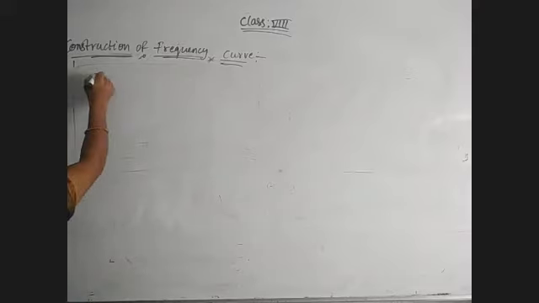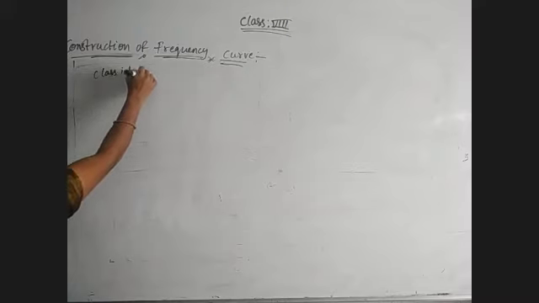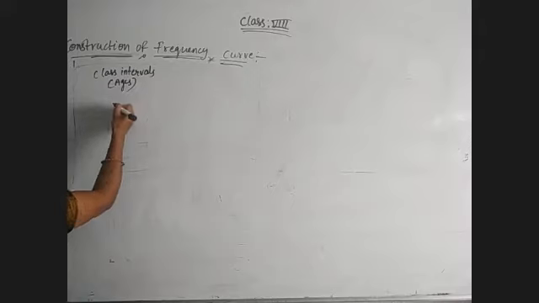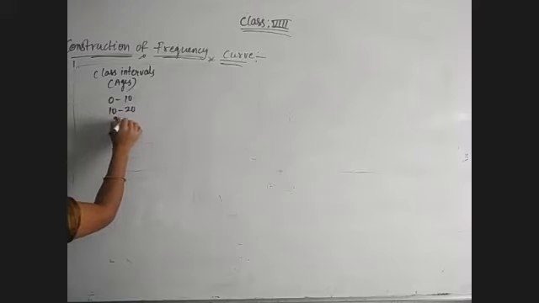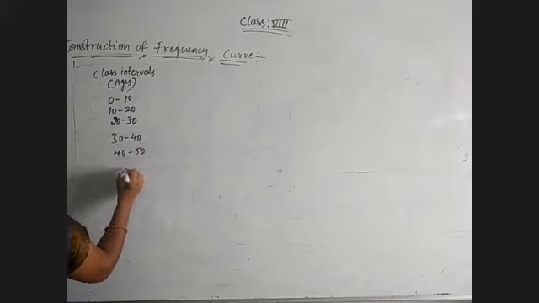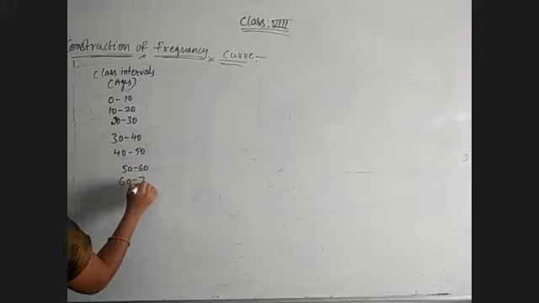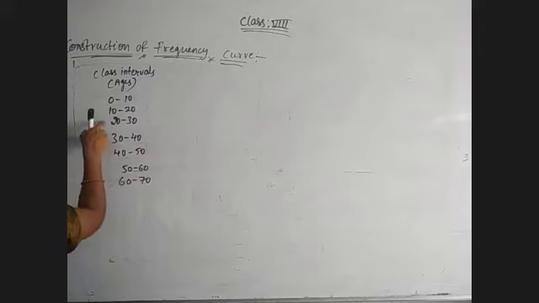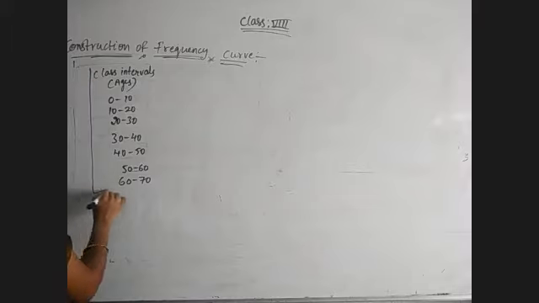Observe the data, class intervals, ages: 0 to 10, 10 to 20, 20 to 30, 30 to 40, 40 to 50, 50 to 60, 60 to 70. 1, 2, 3, 4, 5, 6, 7 class intervals are given.